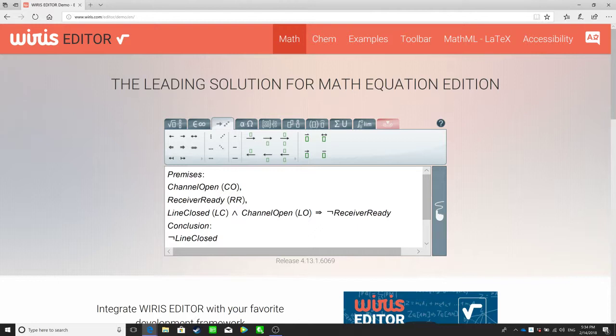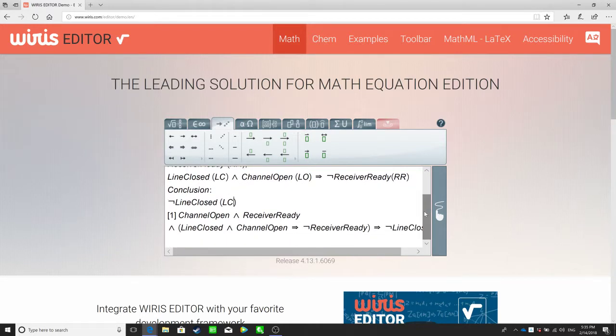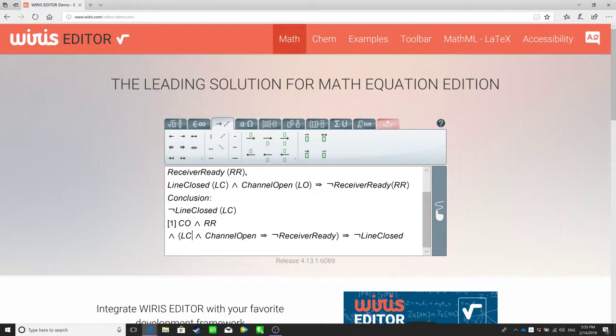So we write it as CO, RR, LC, CO. We don't even need to know what each variable is.